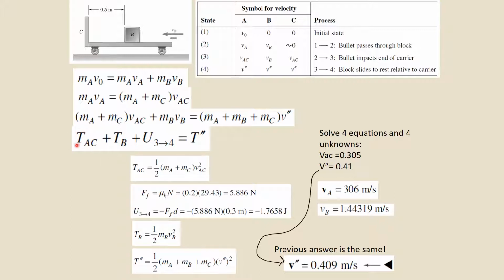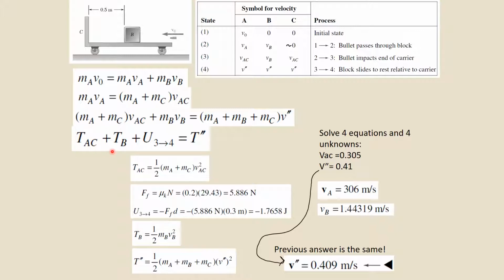So decide what your starting system is going to be. And this would be the good starting system because that's kind of where that friction force is acting. But just grab an instant in time, and the force that's going to suck energy away from it, if it's conservative or non-conservative or potential energies, any kind of F ds you're going to have to add into here. And then you have your final energy.